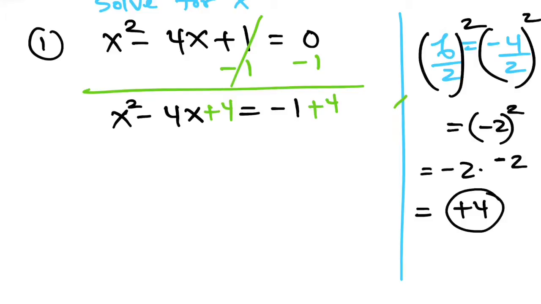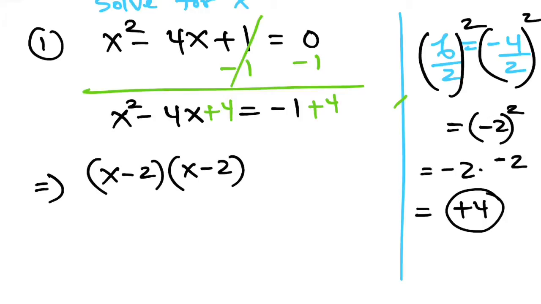Now let's take a look at the left side. We have x squared minus 4x plus 4. I just showed you how you can factor this using the diamond method. So this part we can write as x minus 2 times x minus 2.